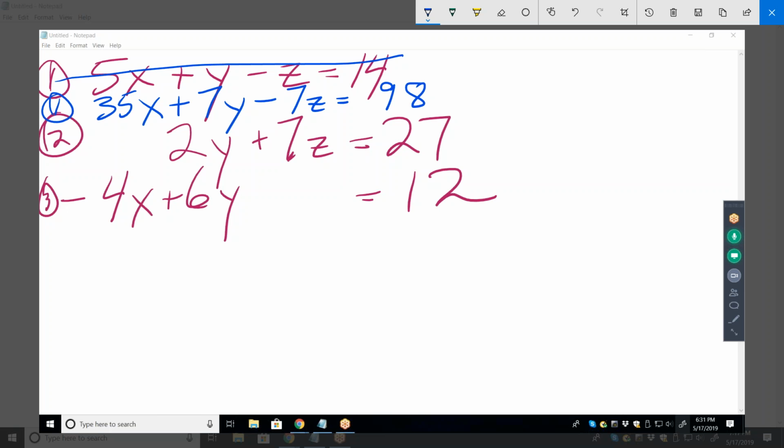And since my goal is to eliminate z, I got to add them. If that was a plus 7z, I could subtract them. But it's not. It's a minus 7z in equation 1, and it's a plus 7z in equation 2. So that is going to create an equation 4, which is what?